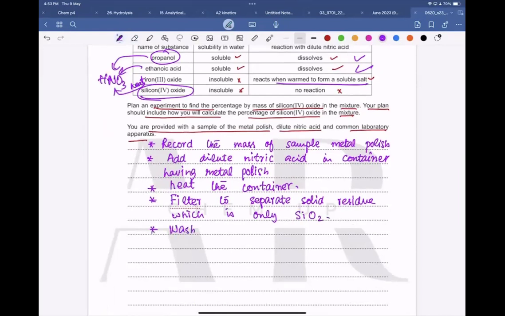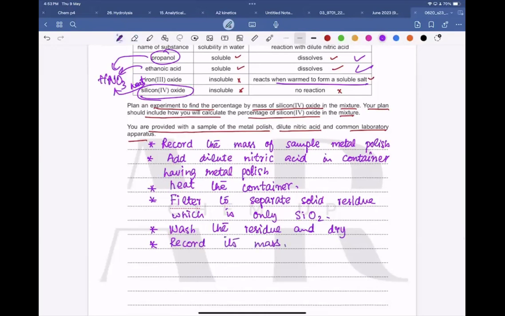Wash the residue and dry. Now record or weigh its mass.